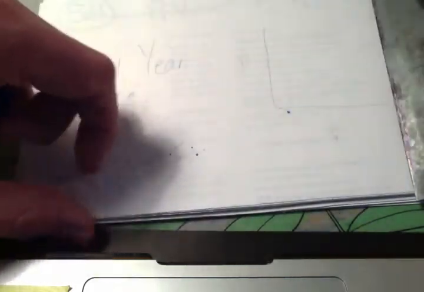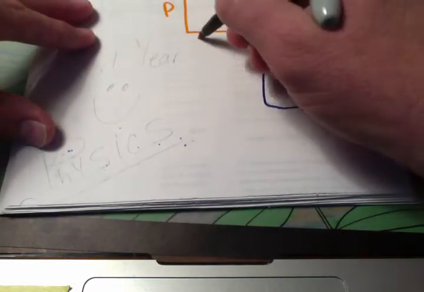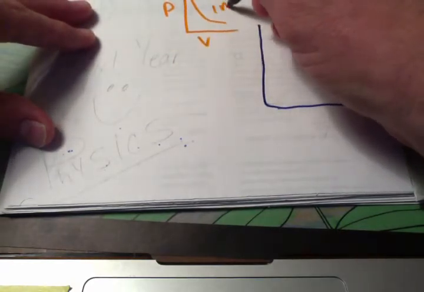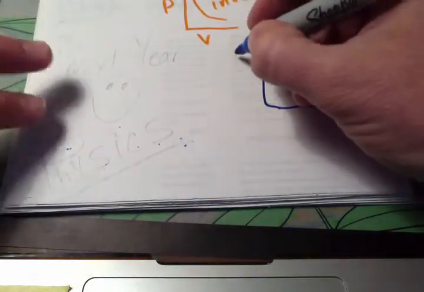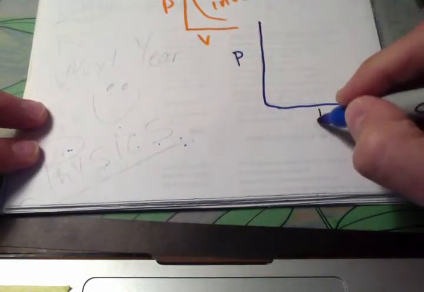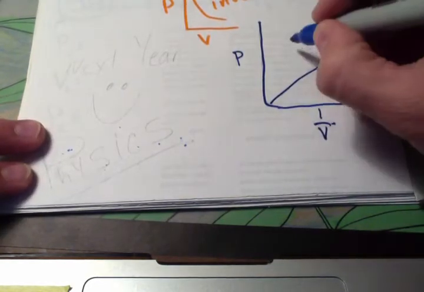All right, the other thing worth a few minutes real quick: we said pressure and volume, and we called that inverse. If you take pressure and then take the inverse of volume, that looks like that.